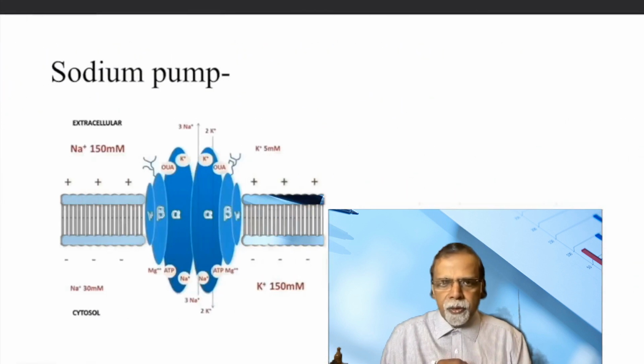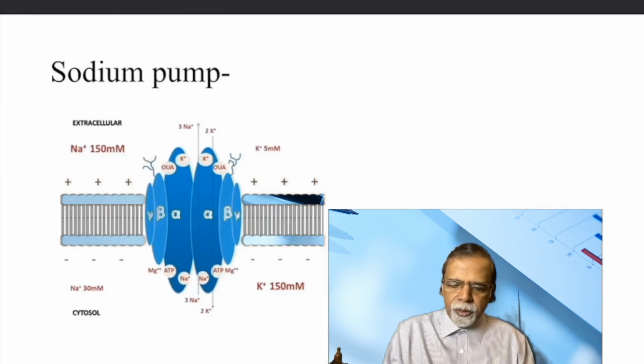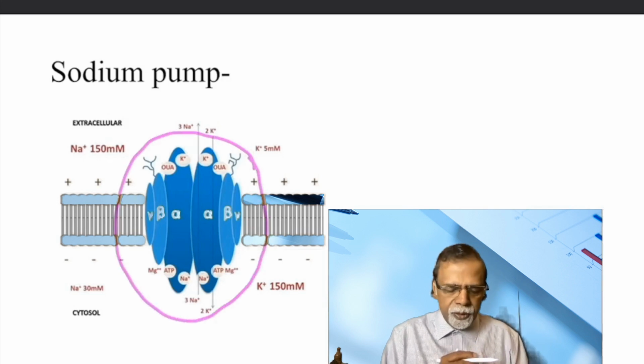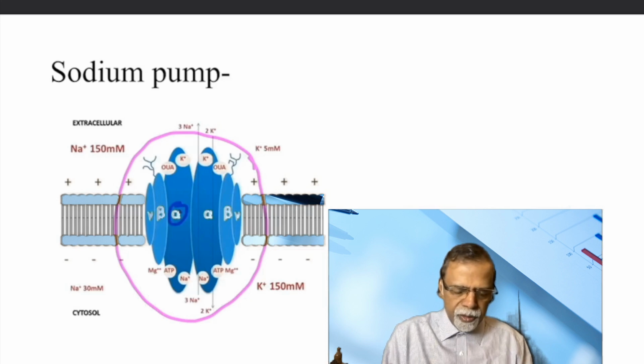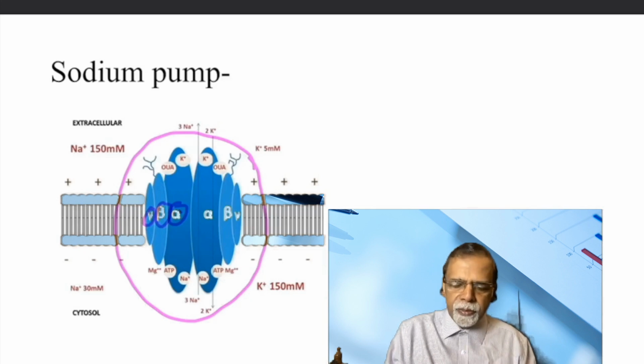Let us look into a little more detail regarding the sodium pump. This is the carrier protein which is acting as the sodium pump. It has alpha, beta and gamma domains. The alpha subunit binds with sodium, potassium and ATP.